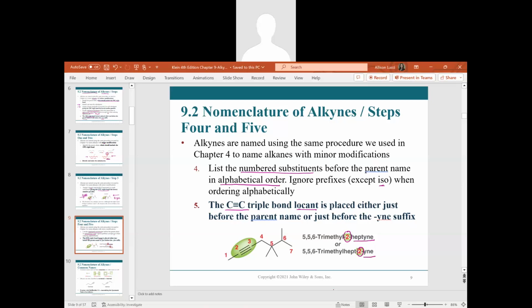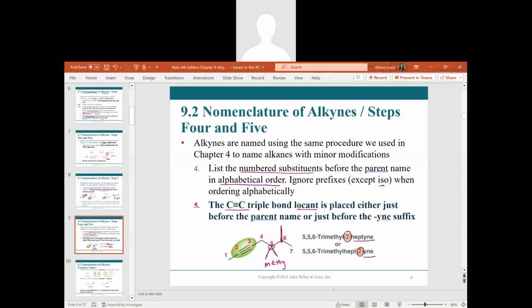So let's work through and double check and see that we know how to name this compound here. So we number from left to right because we want our locant for our triple bond to be the lowest possible. Our substituents would be on carbon 5, we see 2 methyl groups, right? But we also have one on carbon 6.